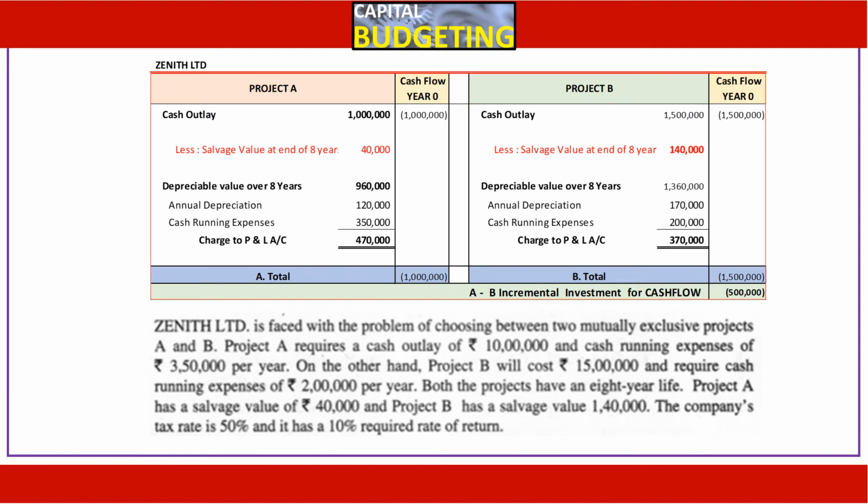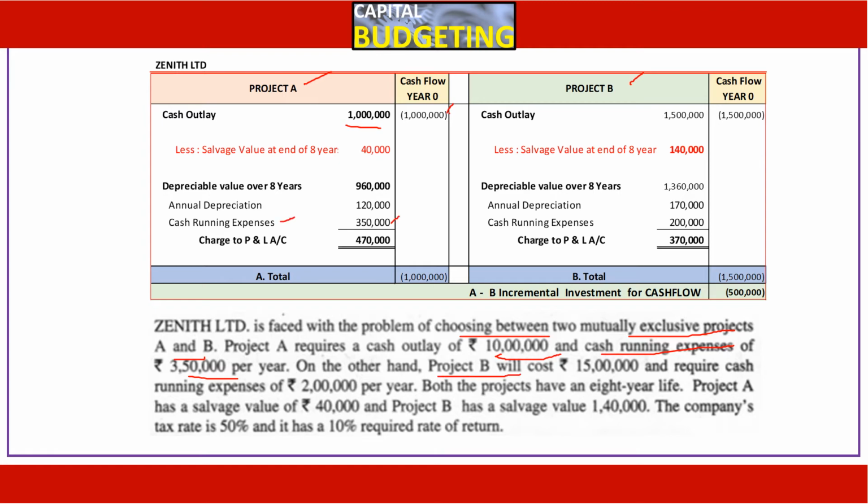Zenith Limited has to choose between two mutually exclusive projects, Project A and Project B. Project A requires an outlay of 10 lakh rupees. Therefore, the cash outflow will be 10 lakhs. It has got cash running expenses of 3,50,000. Let us make a note of it, 3,50,000.